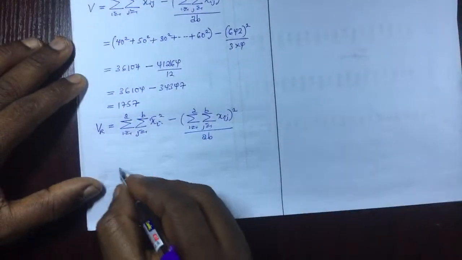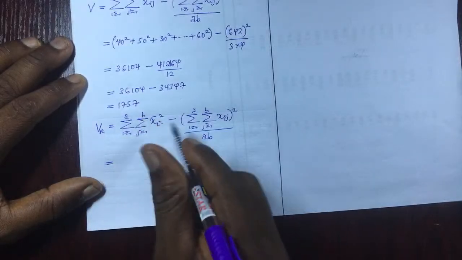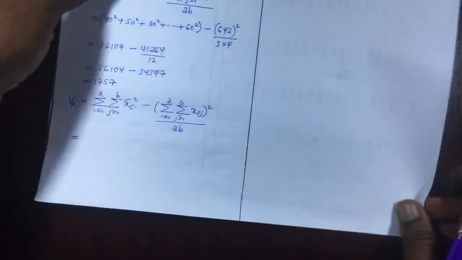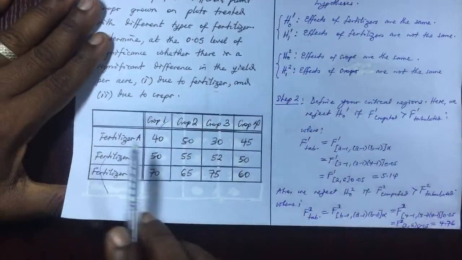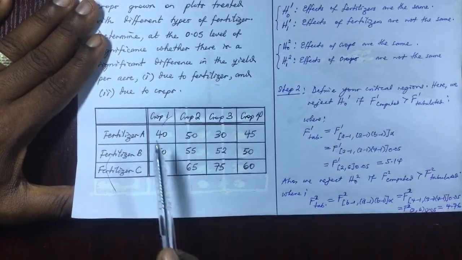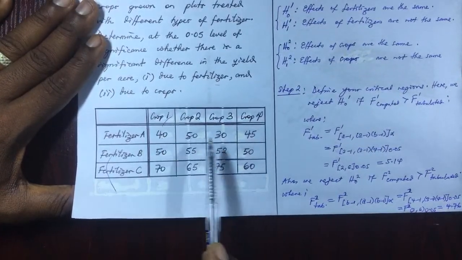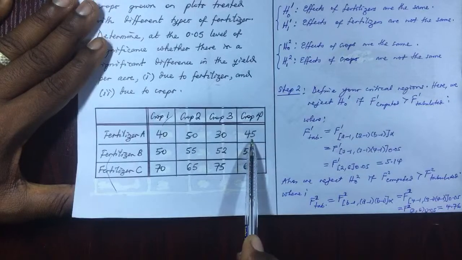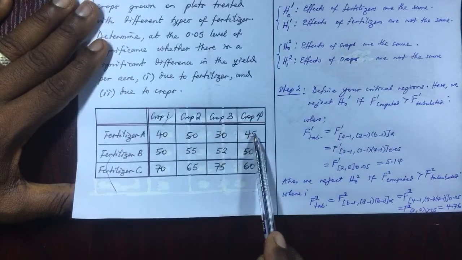Now, this would mean, let's go back to the problem. These are the treatments. Remember, the treatments are taken to be fertilizers. So I'm going to take 40, add it to 50, add it to 30, add it to 45, and divide by 4. That will give me the mean of this treatment.